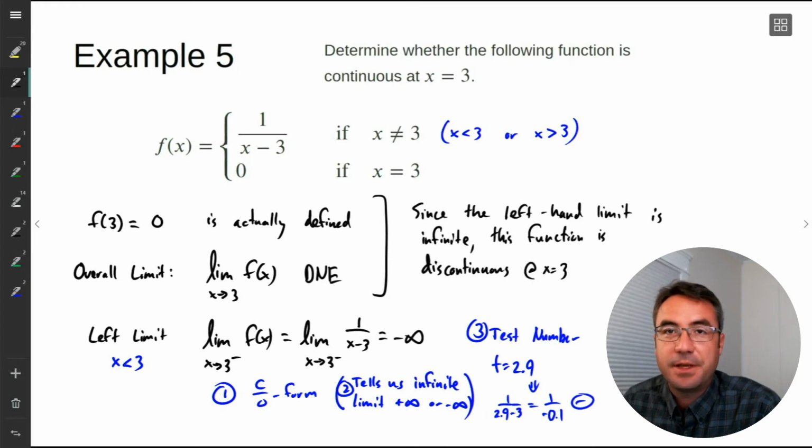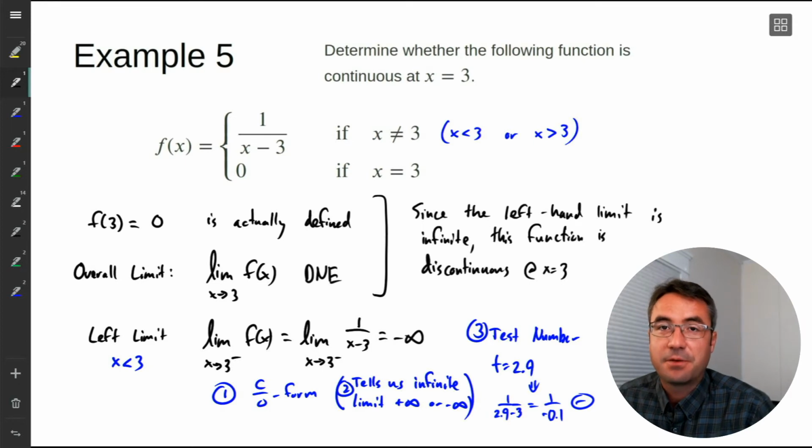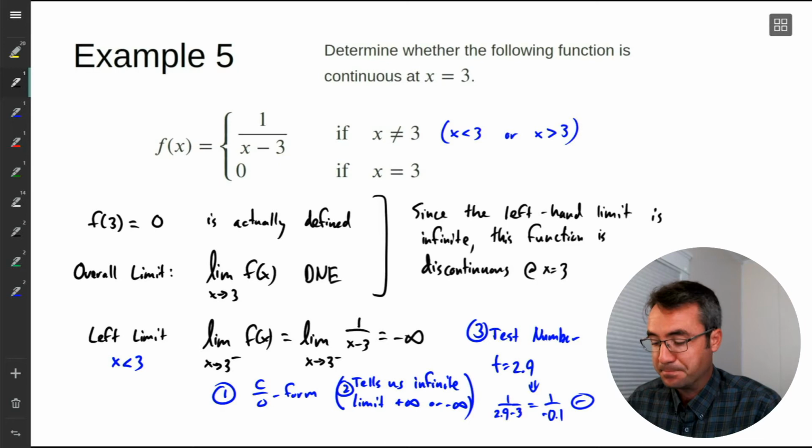So since we know the left-hand limit is infinite, our function's discontinuous. It's not continuous at x equals 3.